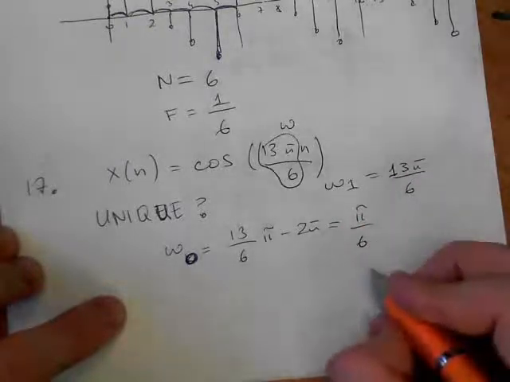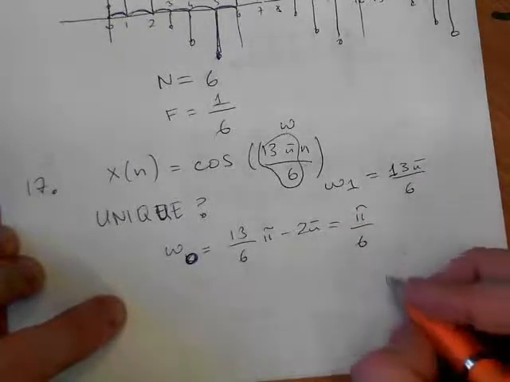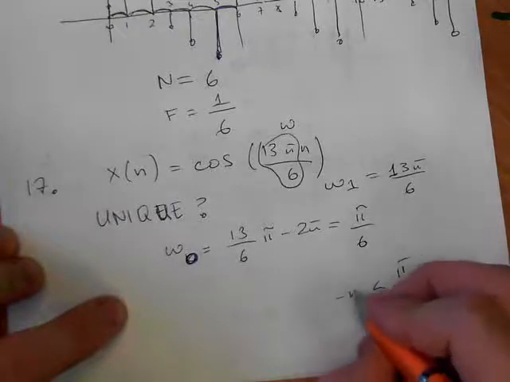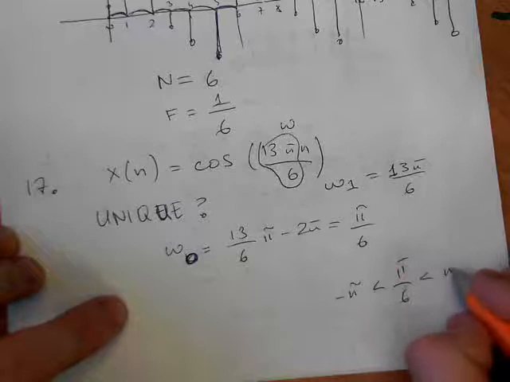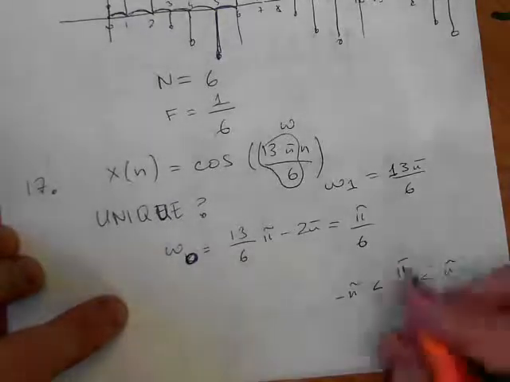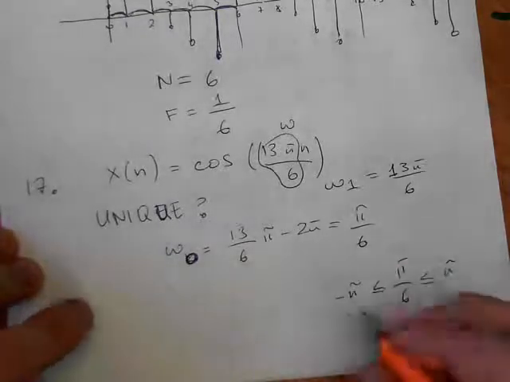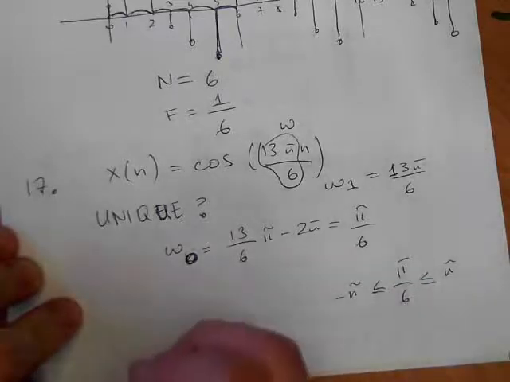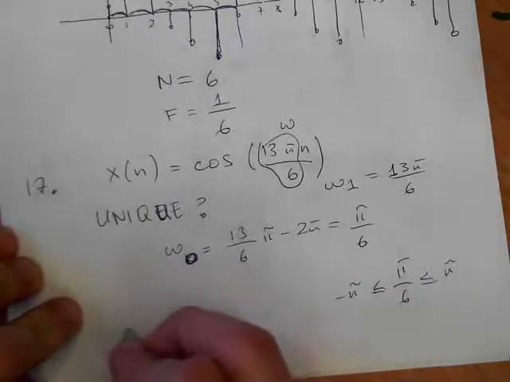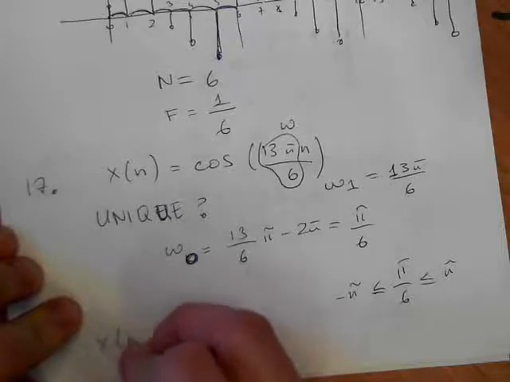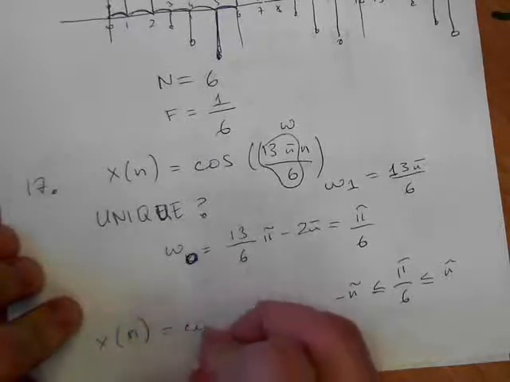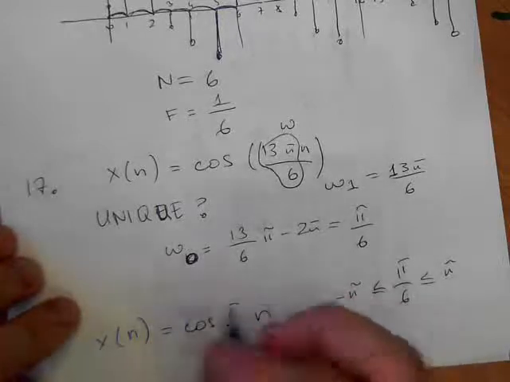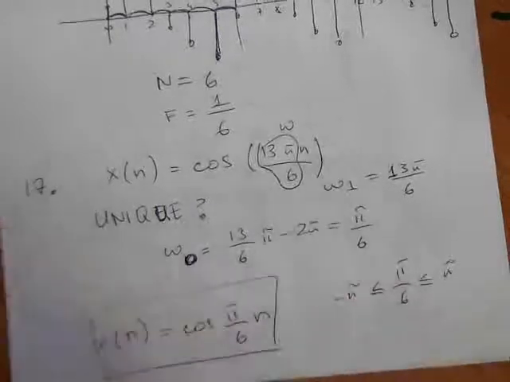We see that this pi divided by 6 is in the interval from minus pi to pi. So it is now the frequency of the unique signal. So the signal is what? x[n] = cos(πn/6). This is the answer.